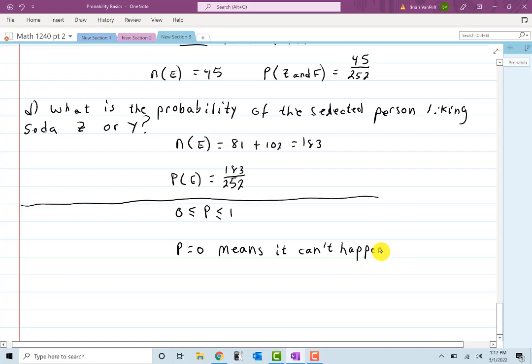It's not even theoretically possible. Then P equals 1 means it is certain to happen.